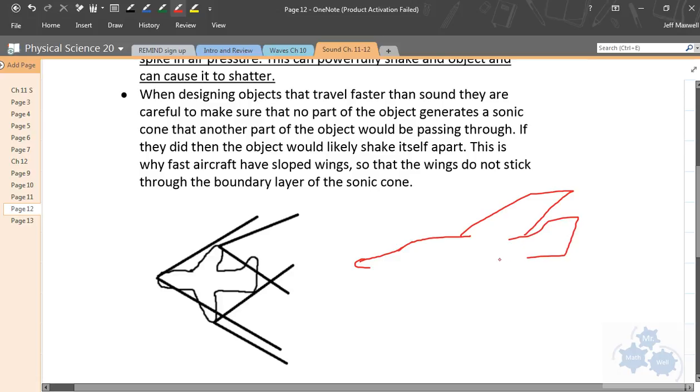The wings don't stick out like this so much. They kind of go back. You ever notice that? So if a plane is traveling really fast and it's going to break the sound barrier, you don't want to have any parts of the plane in this area here, because that's going to cause the wings to basically rattle off. It'll explode them. The tips of the wings will explode.